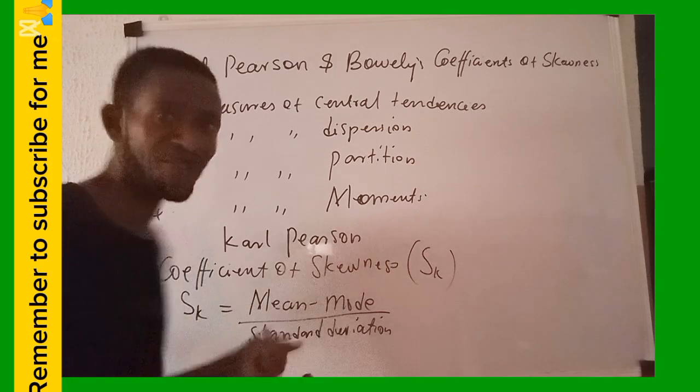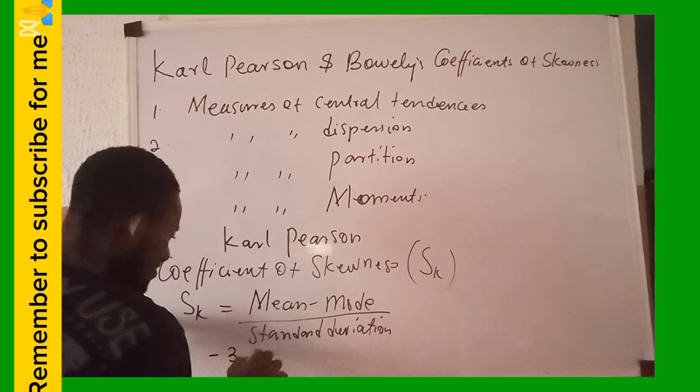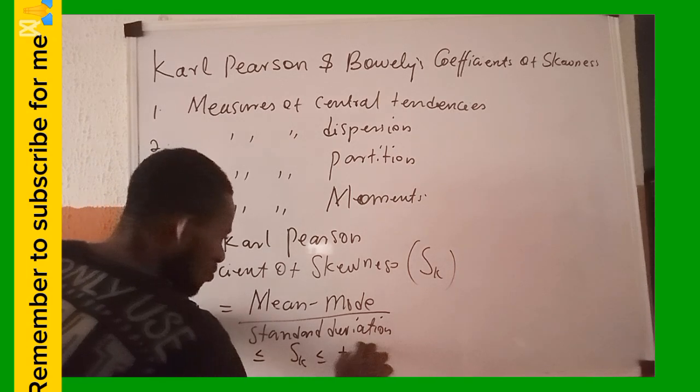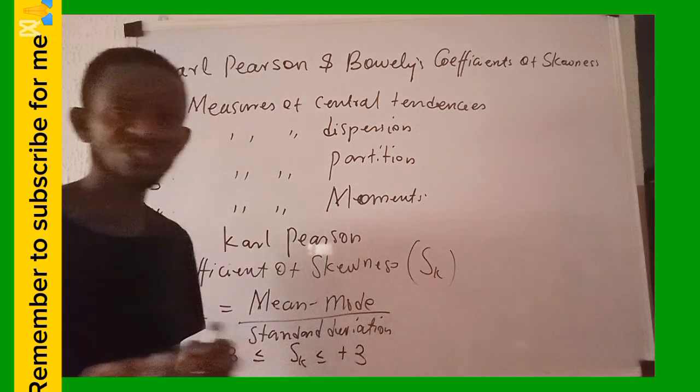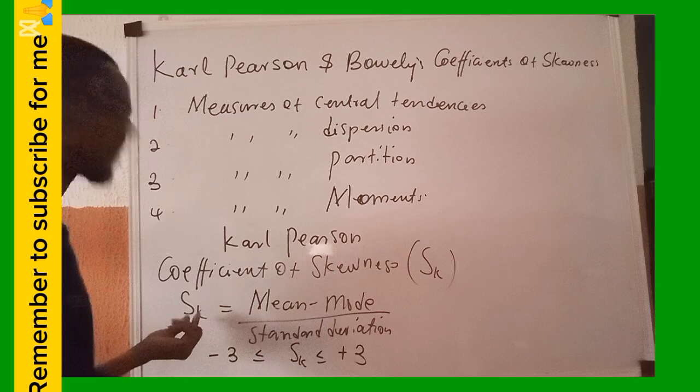So -3 is less than or equal to S subscript K, which is less than or equal to plus 3. This is the range of this estimator of Karl Pearson.